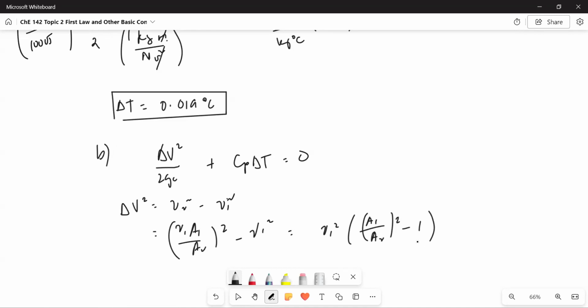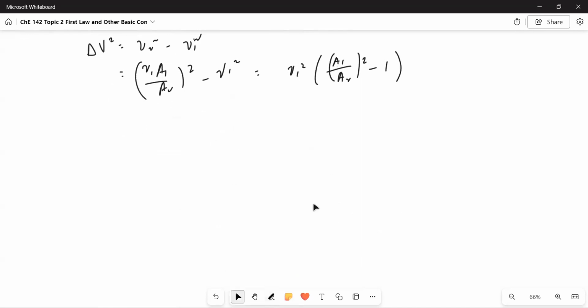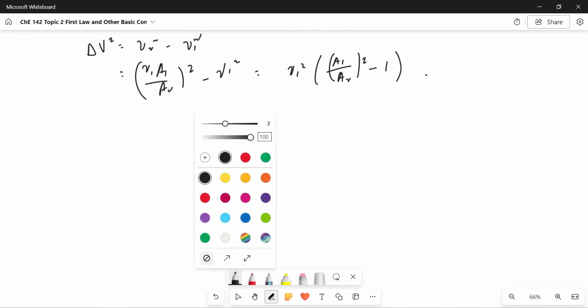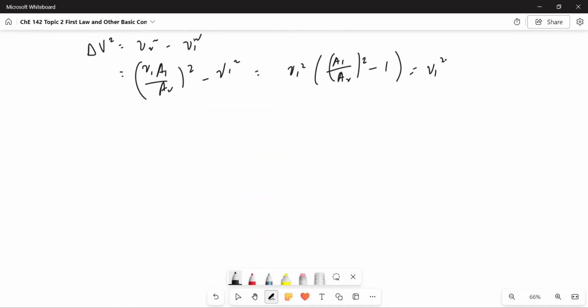Next is converting this into diameter. The pi over 4 will cancel out, then it's simply d1 over d2 to the fourth, because it's area squared, and area is pi over 4 d squared, so it would be to the fourth.